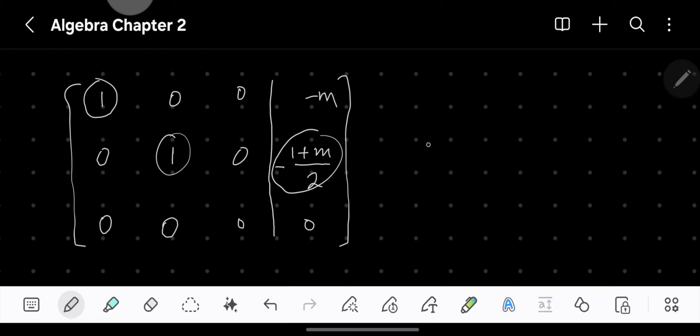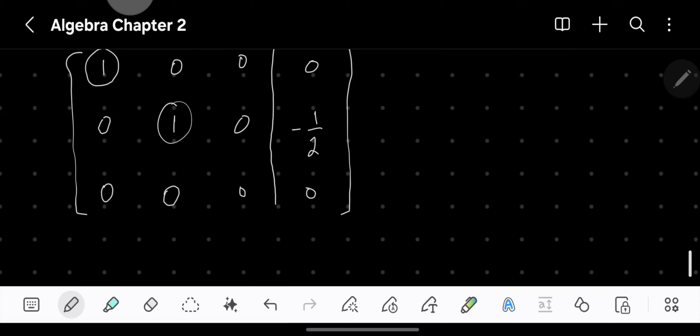And it will be minus 1 plus 0 by 2, which means minus 1/2. So I will write minus 1/2 here. And this m is 0, so I will write here 0. Okay. So what will I get?